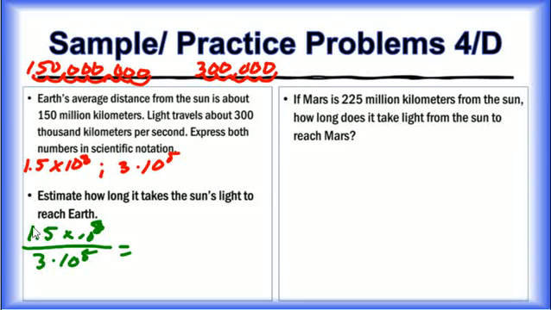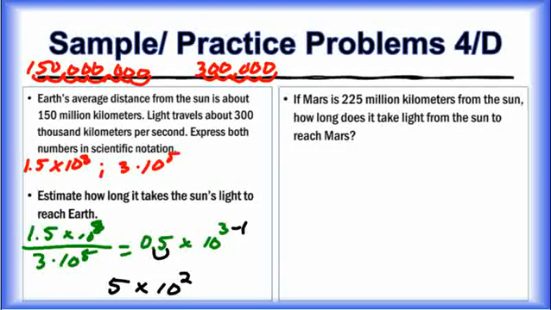So 1.5 divided by 3 gives us 0.5 times 10 to the 3rd. We need to have it in scientific notation, so move it one place to the right, subtract a decimal place, so it'd be 5 times 10 to the 2nd power.